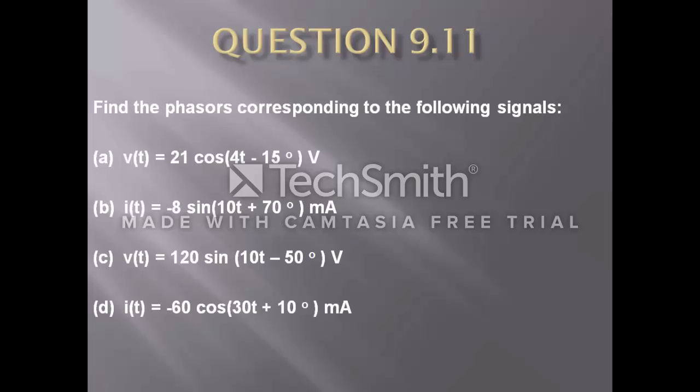The question is, find the phasors corresponding to the following signals. A part: v(t) equals 21 cos(40t minus 15 degrees) volts.